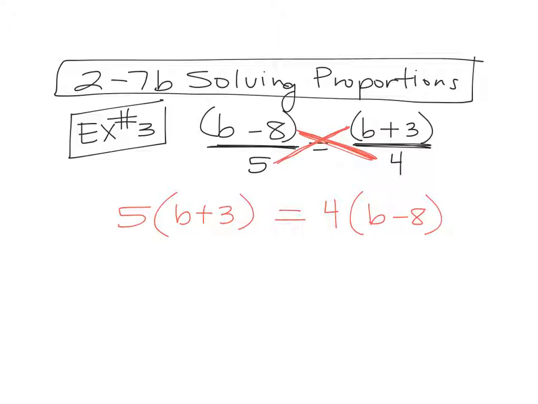Okay? Now from here, you know how to do that problem, right? We've done this before. My concern is that you make sure you distribute to both, because that's where some of you are making the mistake. So talk me through this. What should I do first? You're going to distribute that 5 to the b, and you get 5b.